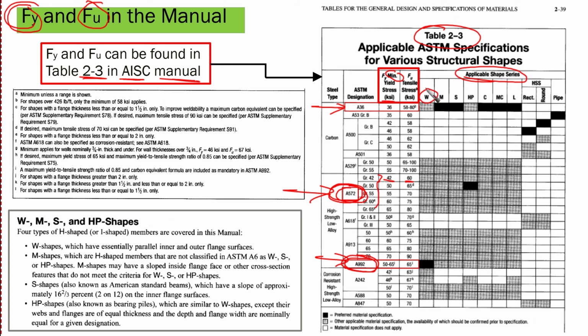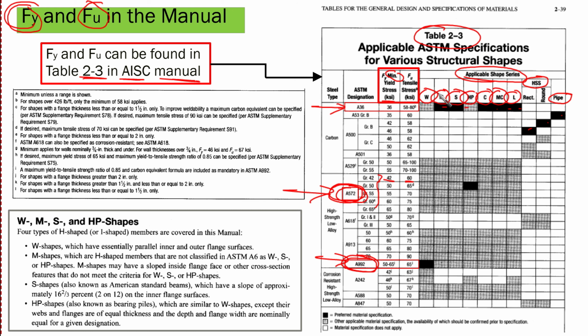Wide flanges, miscellaneous shapes which is M, standard shapes, HP, C which is the channels, miscellaneous channels, or angles. Then we have hollow structural sections, whether rectangular or round, and at the end the pipe. The black ones, in this color coding, mean the preferred material specification for the design or manufacturing of this shape.